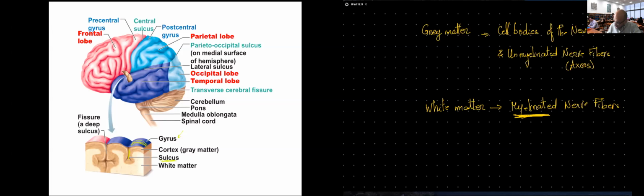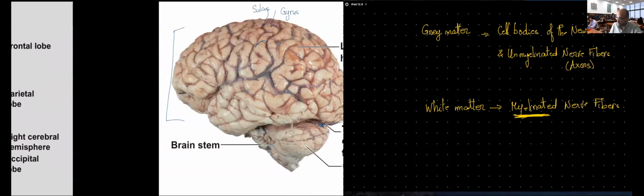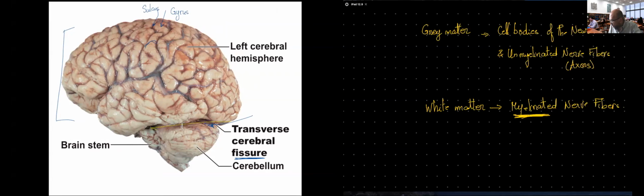And we've got deep grooves. Those are the fissures. Like what fissures do we need to remember? Like the transverse fissure between the cerebrum and the cerebellum. This is my cerebellum here.